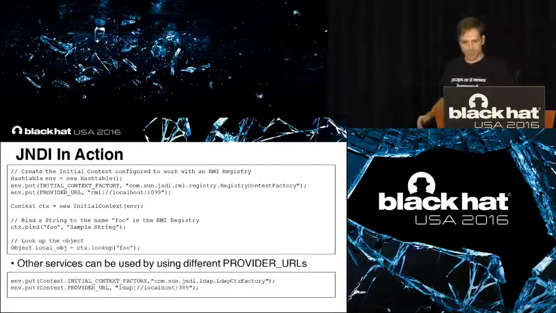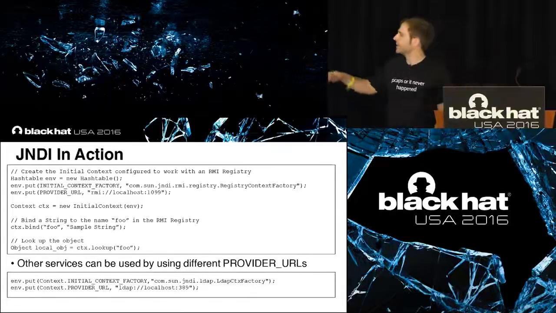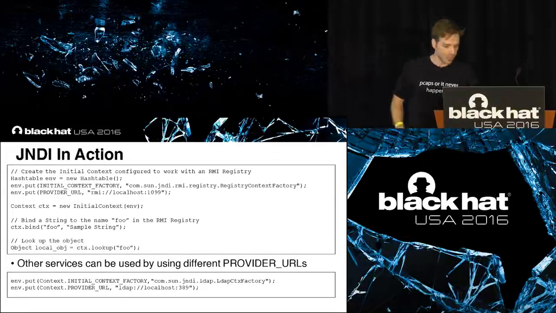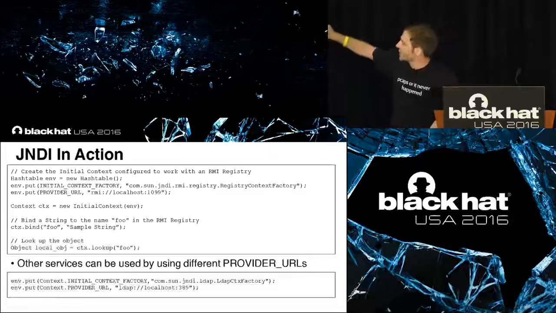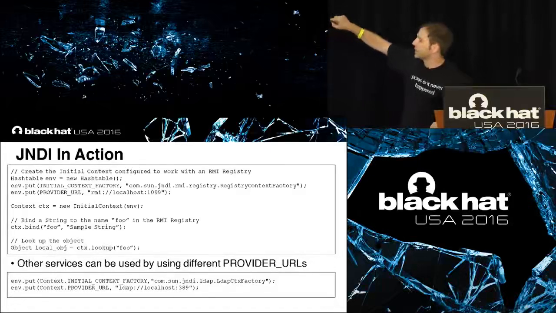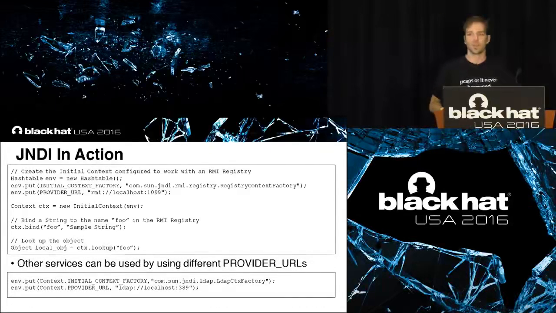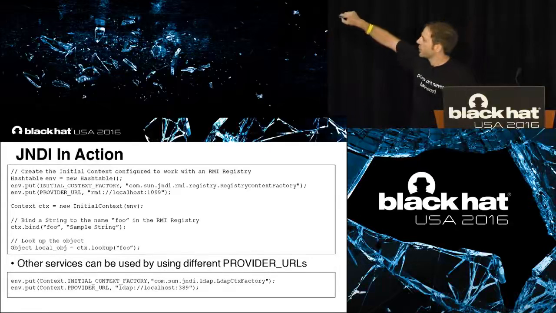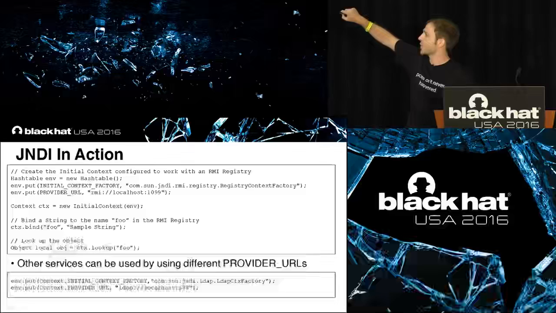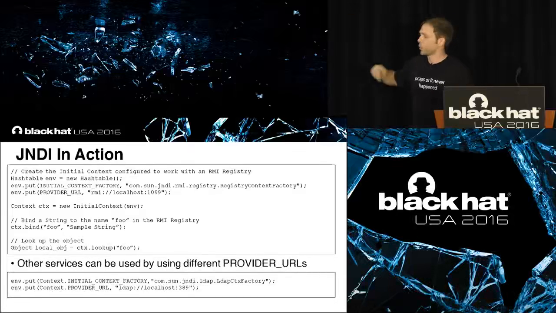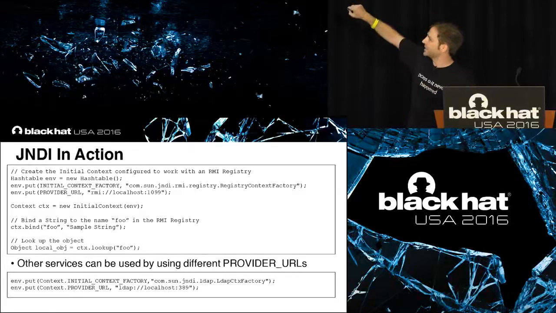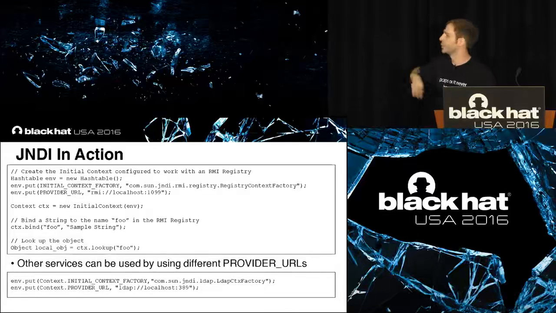Because a code snippet is worth 1,000 words, this is a very simple example of how to use JNDI. In the first lines, we have the configuration of the JNDI context. We are saying that we are going to interact with an RMI registry, which is a naming service where we bind a name to a given Java object, and that this RMI registry is located at localhost on a given port.